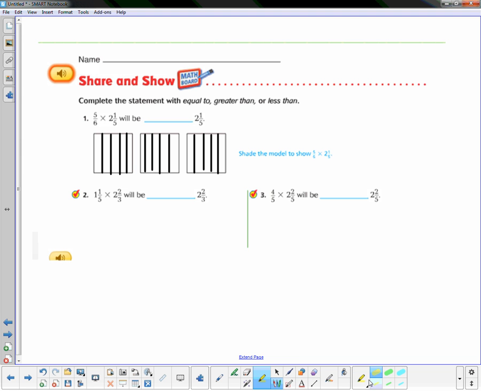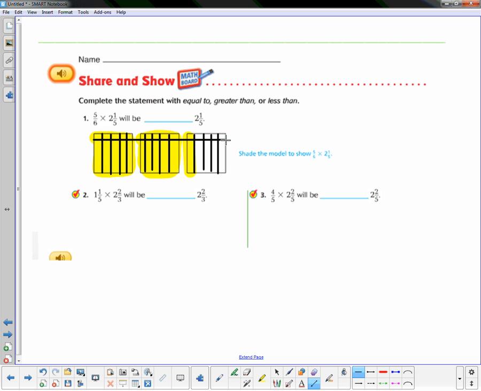Now I can go in with my highlighter. I've got 2 wholes and 1/5. And we are multiplying it by 5/6. So remember, that means I have to go the other way.